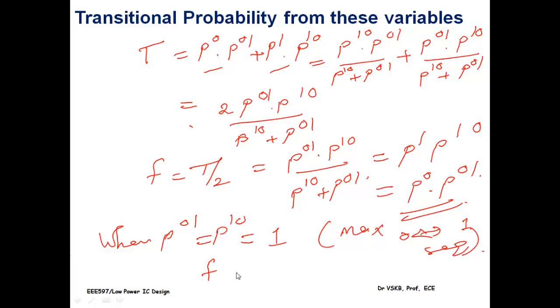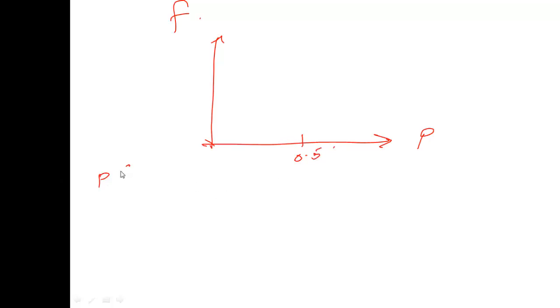And F could be at a maximum 0.5 only, because if I go for drawing the frequency, this is P, the frequency and the probability. If I go for comparing, I will take this as 0.5. If I have P, the transition is going to be P times 1 minus P. That's what is going to be the maximum of what's happening.